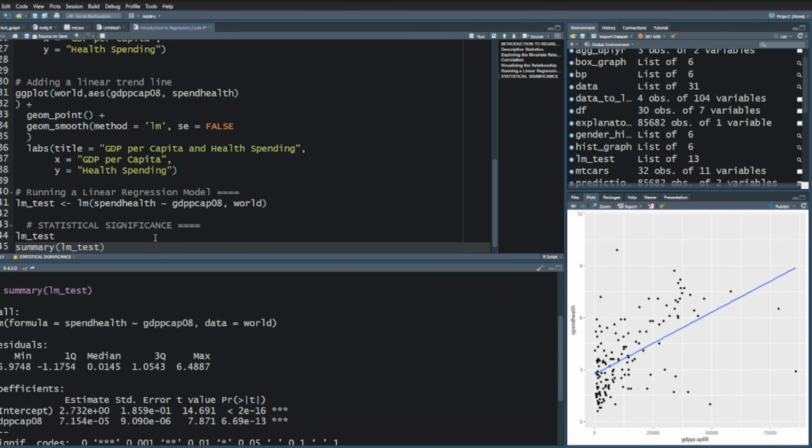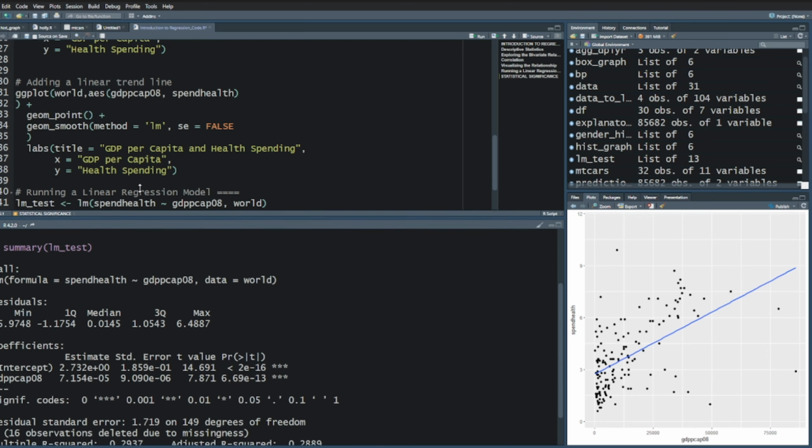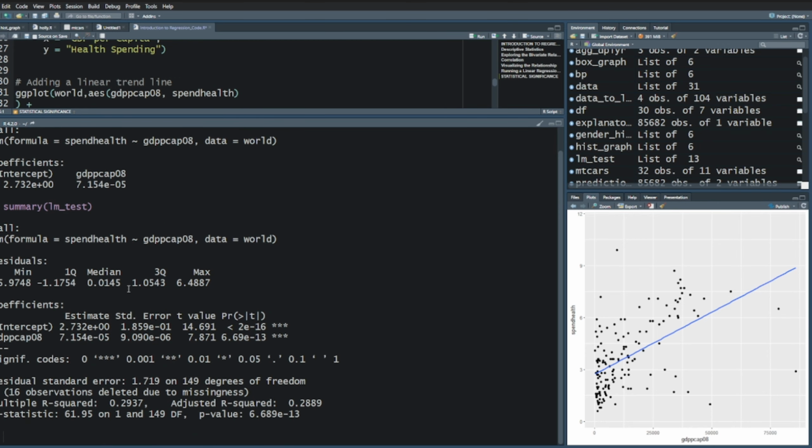Let's go through our regression output real quick. So we have here our summary statistics: mean, first quartile, third quartile, our median, and max. And then we have our coefficient. So again, just like we saw in the previous lesson, the coefficient here is quite small.